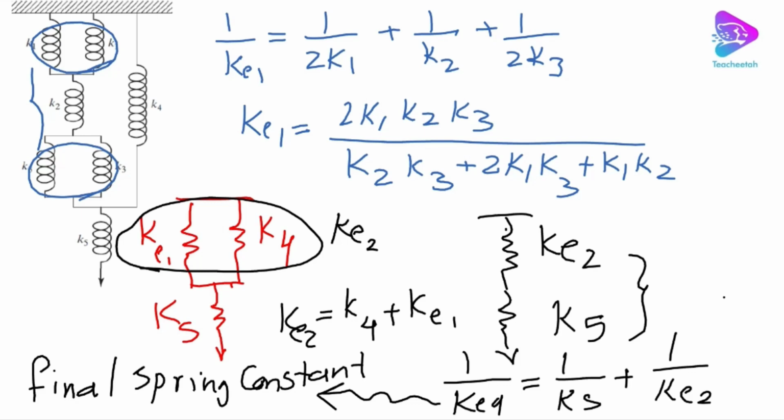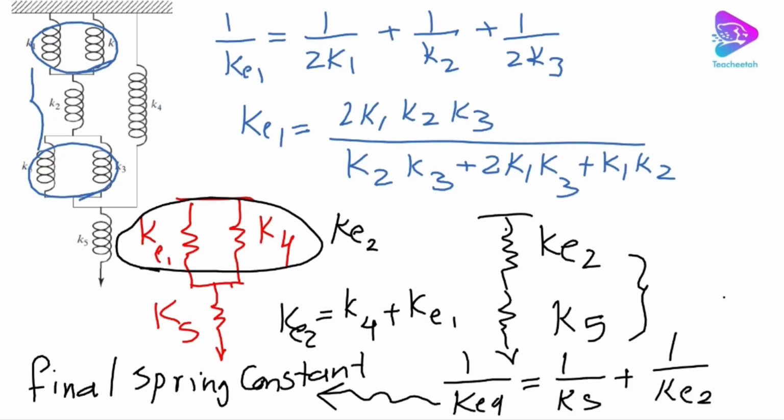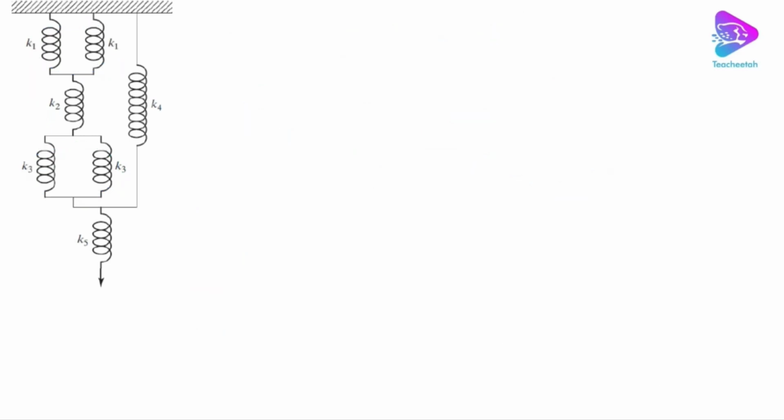So let's see what we have here. Okay, so we ended up with this. Let me go back. So we have K5 here and KE2. And you remember KE2 from before?